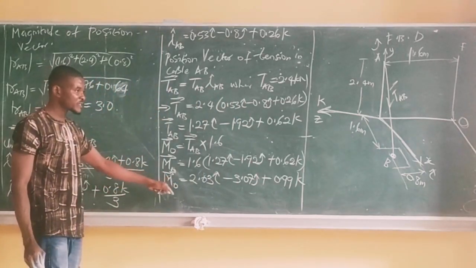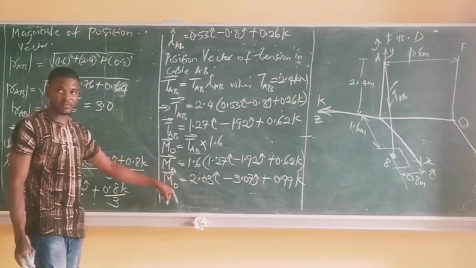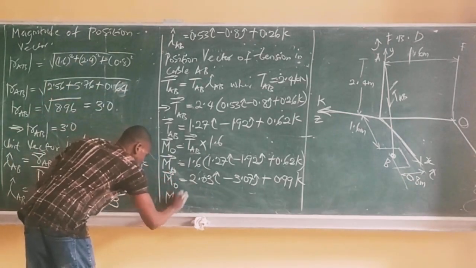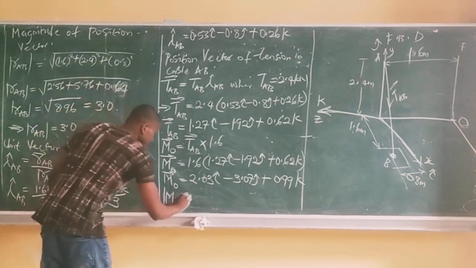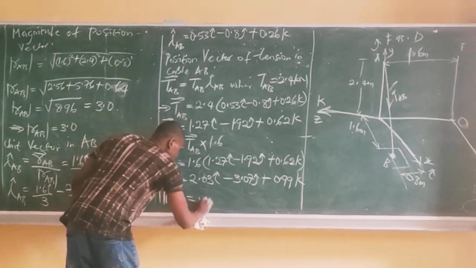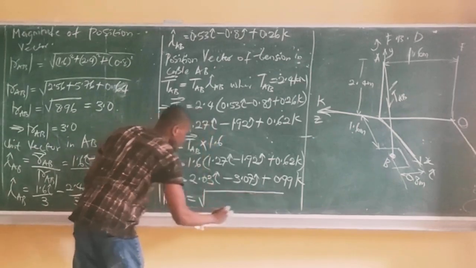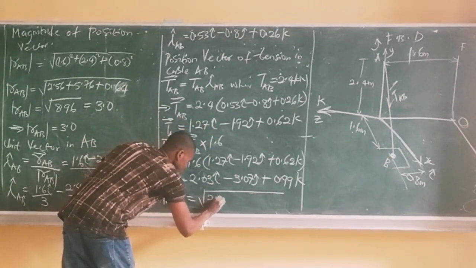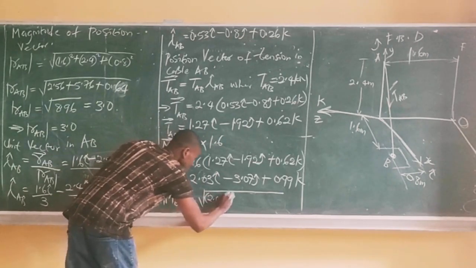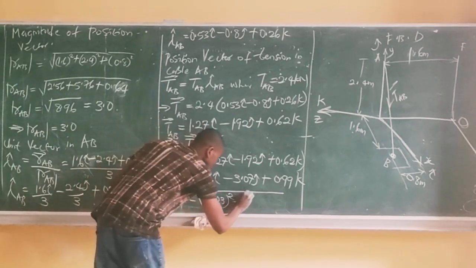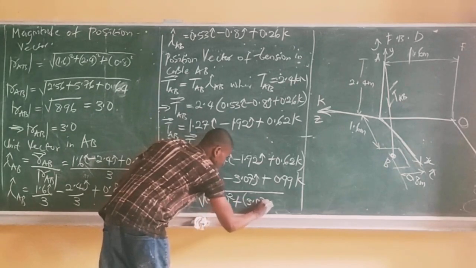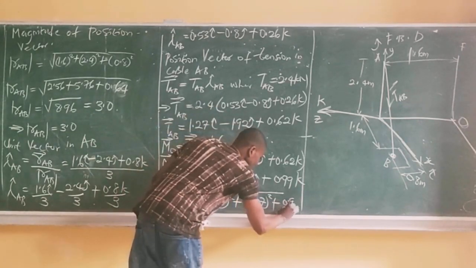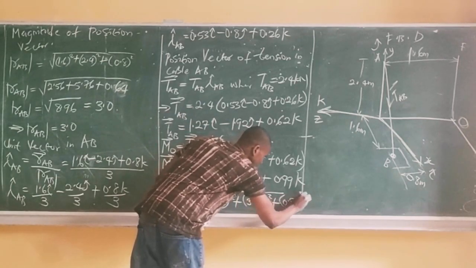But the question says find the magnitude of the moment. The magnitude of the moment, M_O, is simply the square root of the sum of the squares of the individual moments: 2.03 squared plus 3.07 squared plus 0.99 squared.